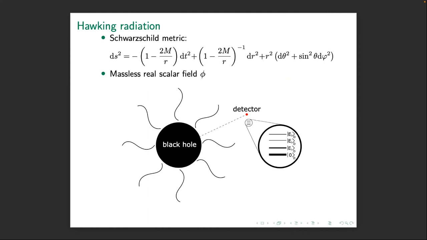We can think of the detector as a multi-level system. If we choose appropriately the state of the field, we will find out that with some probability, the detector will get excited, testifying to the presence of some radiation.